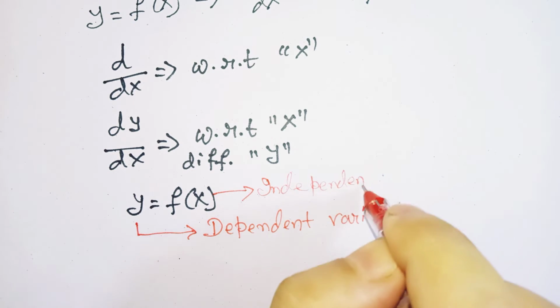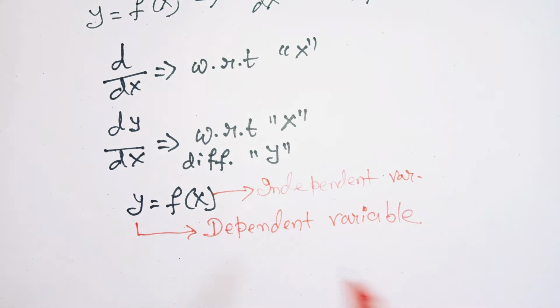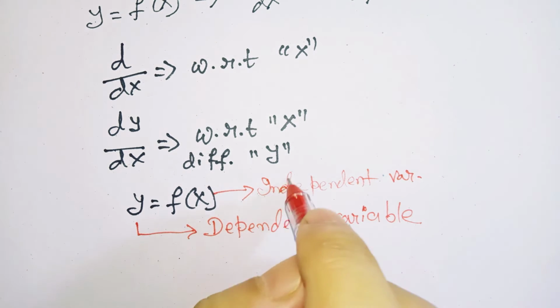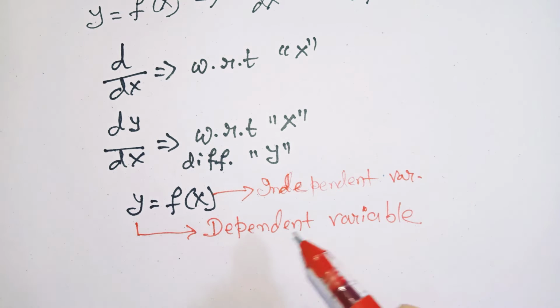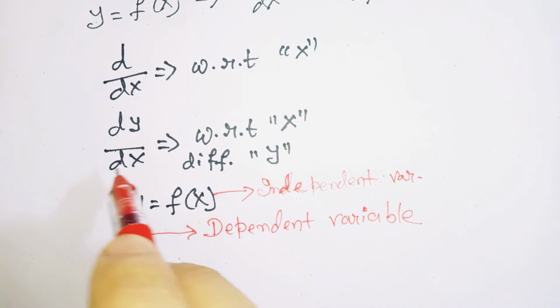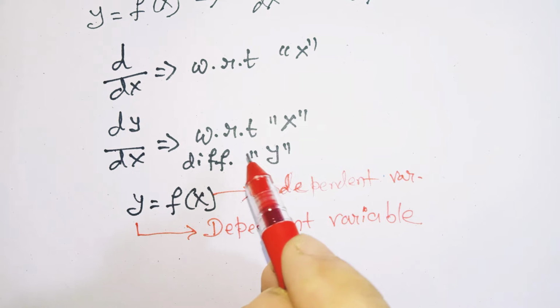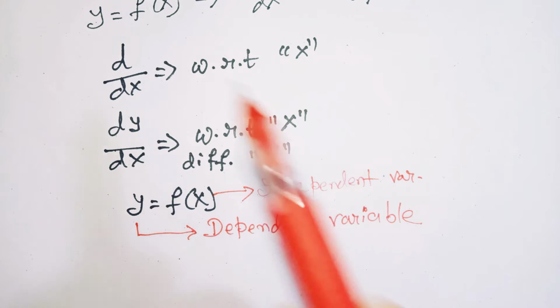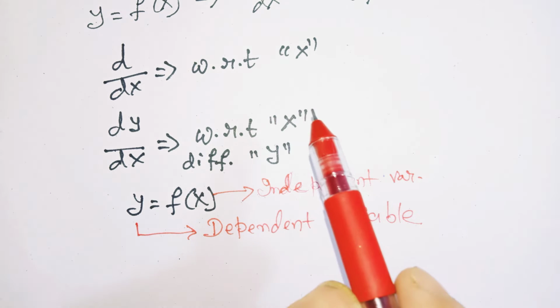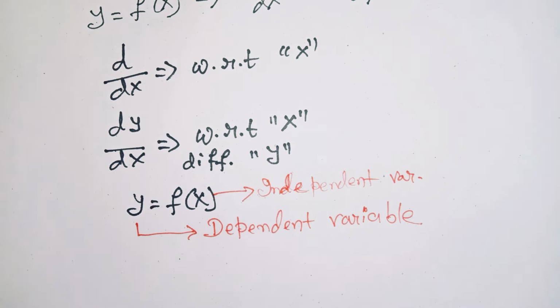So this part is the dependent variable when I am writing y equal to f(x), and this is the independent variable. Now dy by dx here actually means differentiate the equation y with respect to x, and d by dx means differentiate with respect to x.